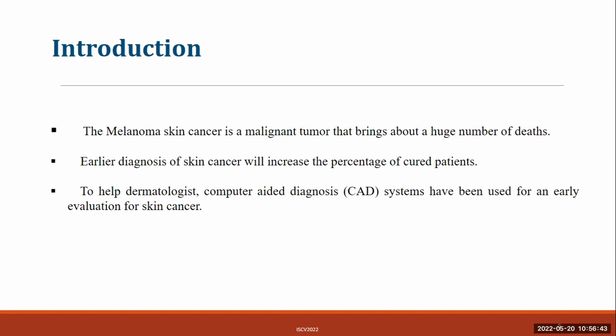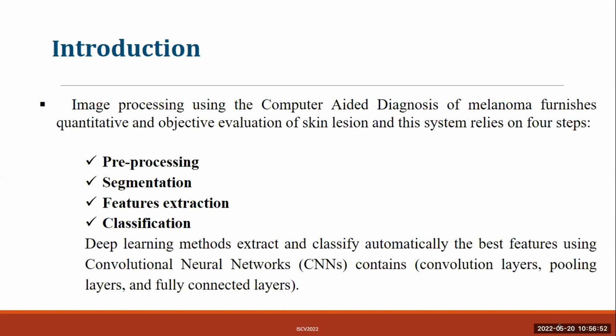To help dermatologists, computer-aided diagnosis (CAD) systems have been used for early evaluation of skin cancer. This system furnishes quantitative and objective evaluation of the skin and relies on four steps: pre-processing, to remove artifacts that the image contains; segmentation, to have only the region of interest; feature extraction and feature selection; and finally the classification of the lesion.